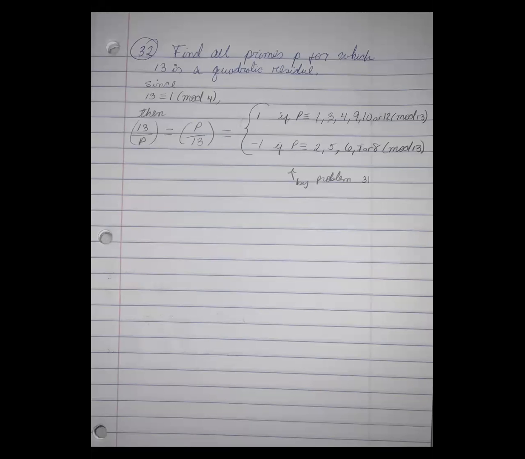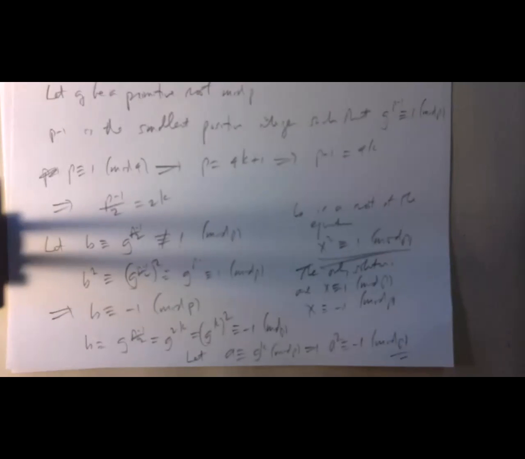Okay. And then there's another question from the homework that I also did. So during the class, you found all the primes for which 5 is a quadratic residue, right? So in the homework, you're asking for -5. So this is what I did for -5. Give me a second.